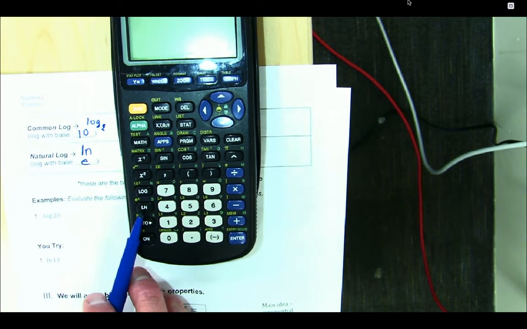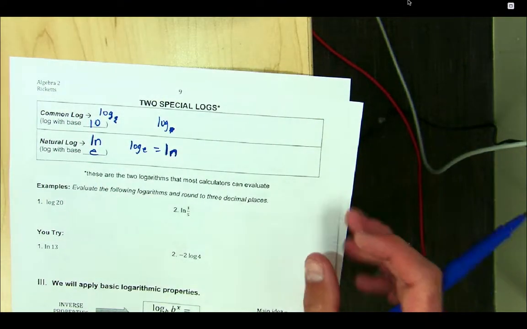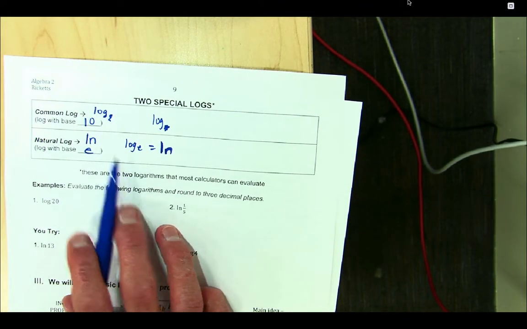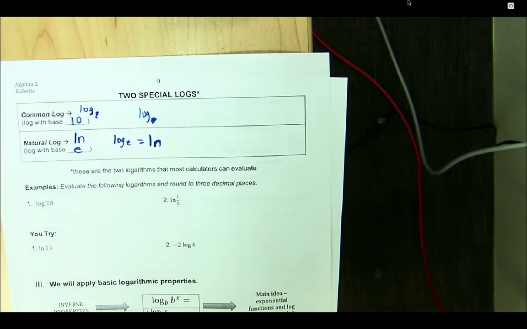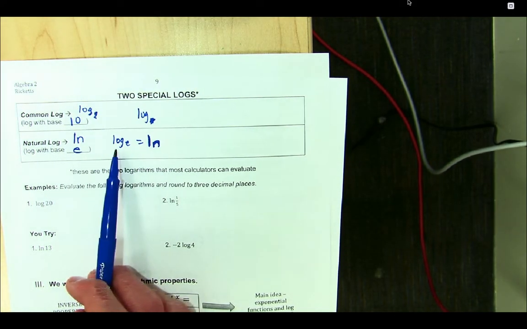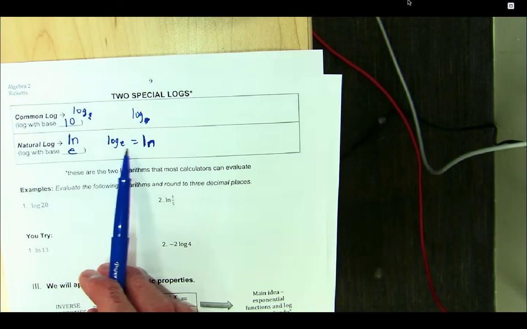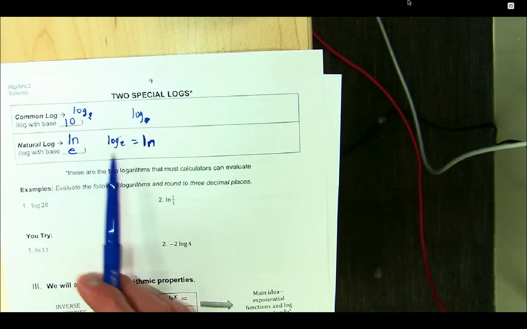And so this is also on your calculator next to the 4 here, ln, log base e. Because these are used so frequently, base 10 and base e, they kind of have their shorthand for that. So as we get used to ln, I might write log base e just so that you can get used to it. But you will never actually see log base e because that is ln.